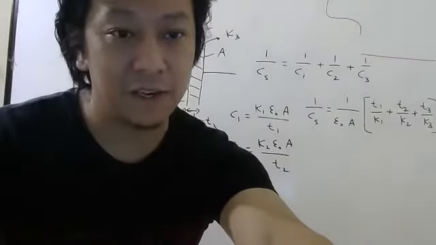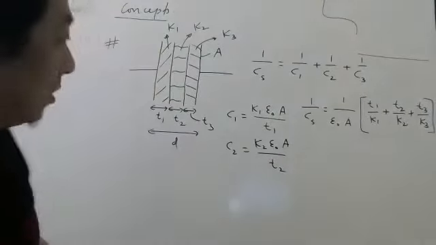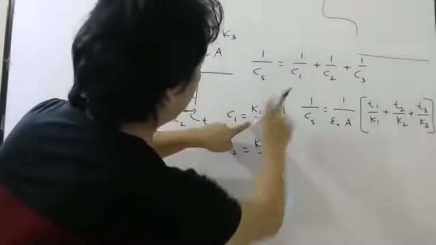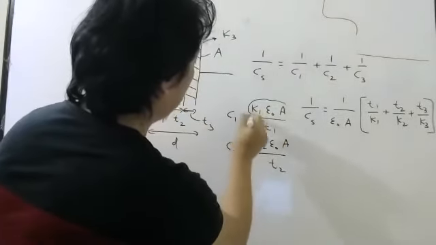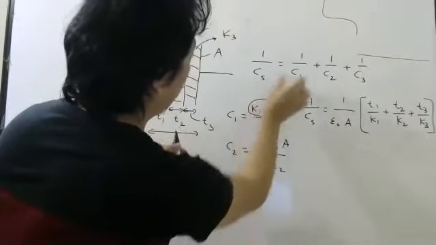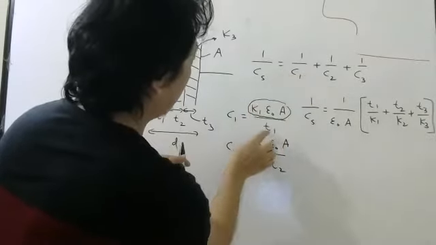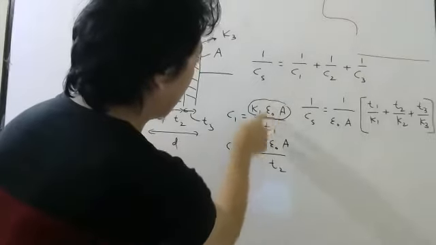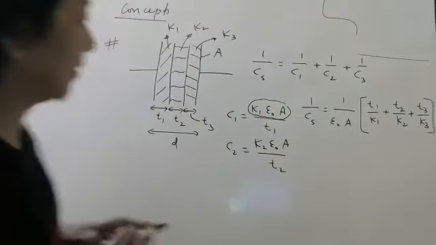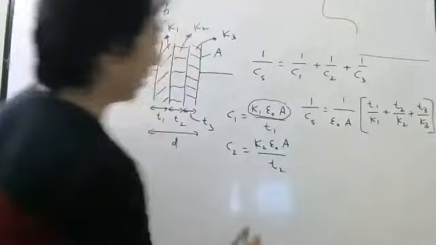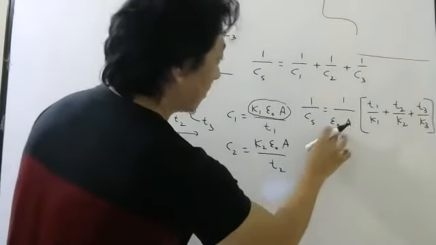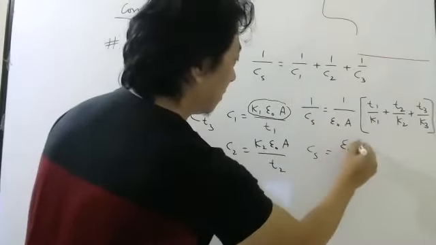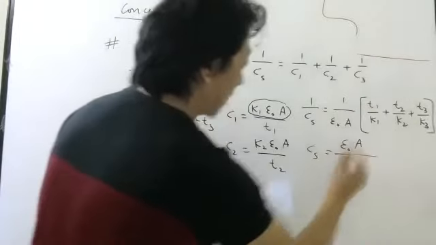You understood, no? Just substitute this C1 here. So this K1 will be in the denominator, and T1 will be in the numerator, and then I have taken epsilon naught A common. So now if you take reciprocal, what will be Cs? This will go up, and this bracket part will come down.